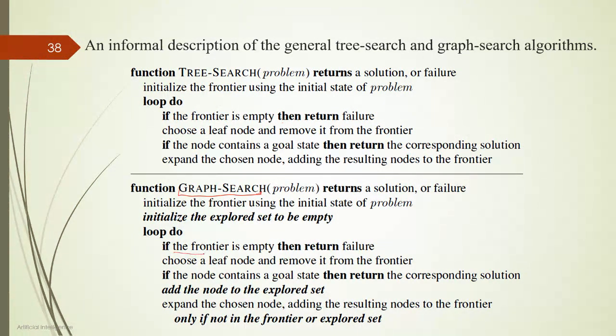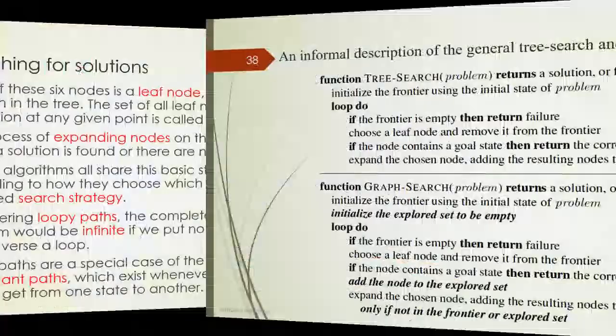If the frontier is empty, return failure. Choose a leaf node and remove it from the frontier, and if the node contains the goal state, return it as a solution, and add the node to the expanded set and continue. So we are building up the tree and searching inside the tree to find the solution.